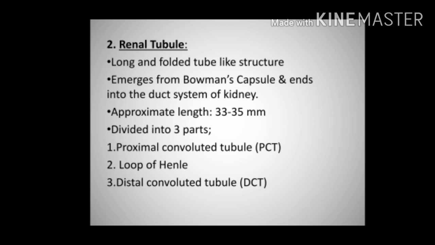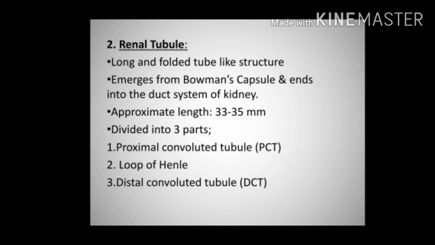Coming to the second part of the nephron, it is the renal tubule. Renal means kidney and tubule meaning the small tube-like structure. So renal tubule is long and folded tube-like structure. It emerges or arises from Bowman's capsule and ends into the duct system of kidney.